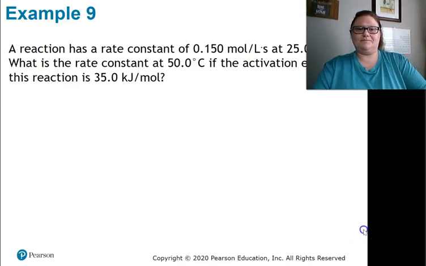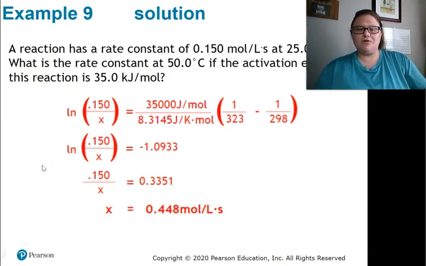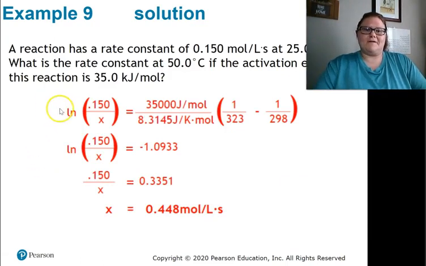Let's take a look. All right, it looks messy, but we just start with our original linear form of Arrhenius, and we start plugging in what's given, okay? So let's see, we're given the rate constant, that's my K1. I don't know what that other rate constant is.